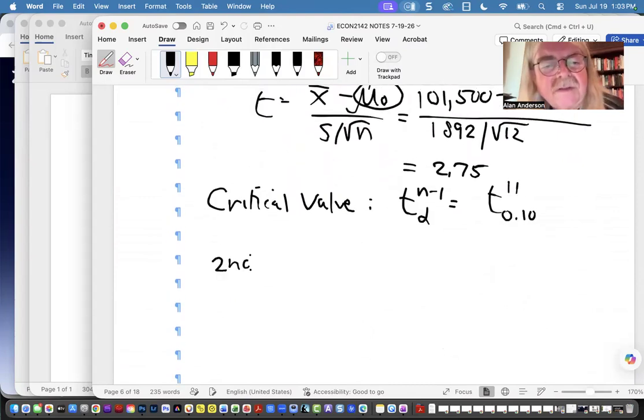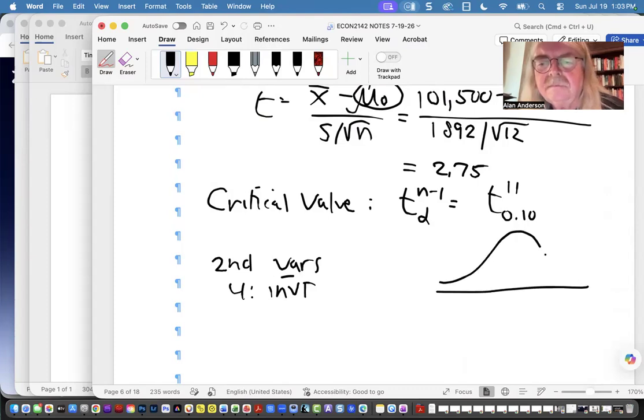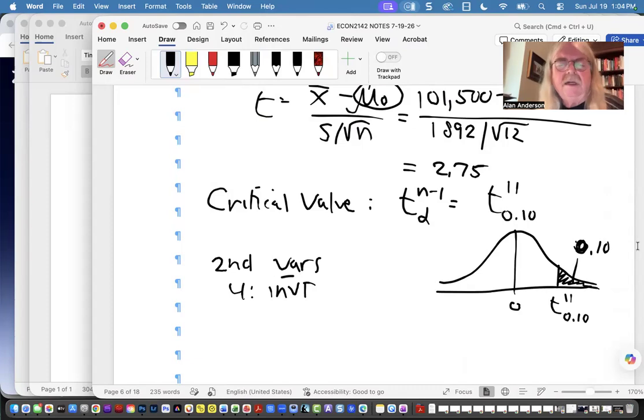So we go to second vars, INVT. Okay, and that wants to know area and degrees of freedom.